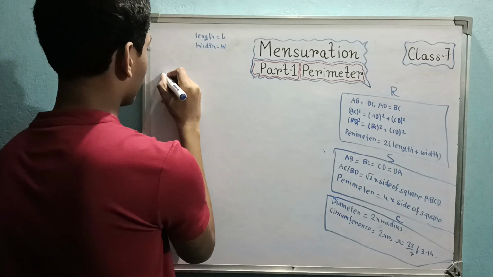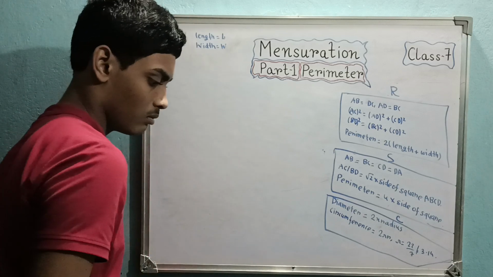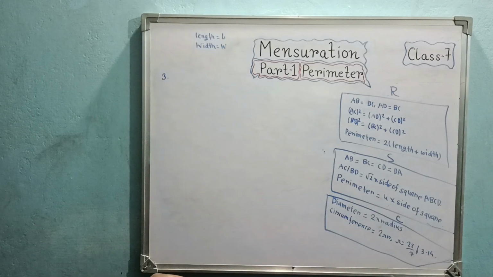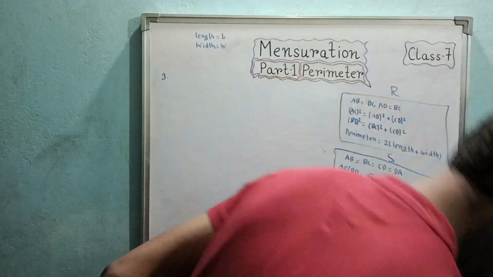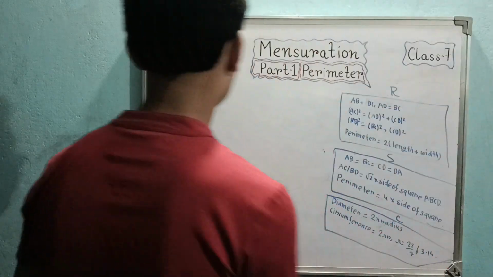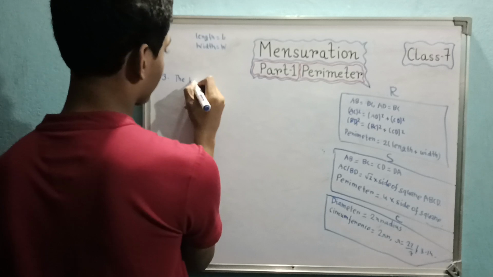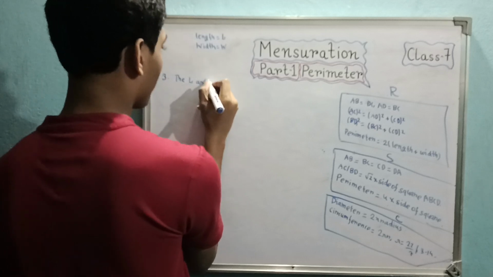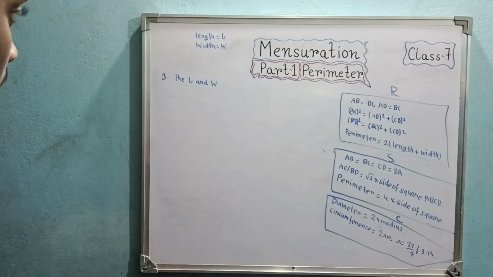Question 3. Again, the length and breadth of a rectangular piece of land area. We write as L and W. Breadth is width, okay, it is the same. Don't get confused, breadth and width are the same things.